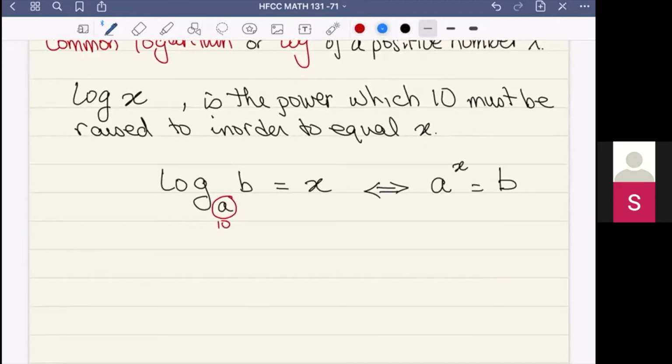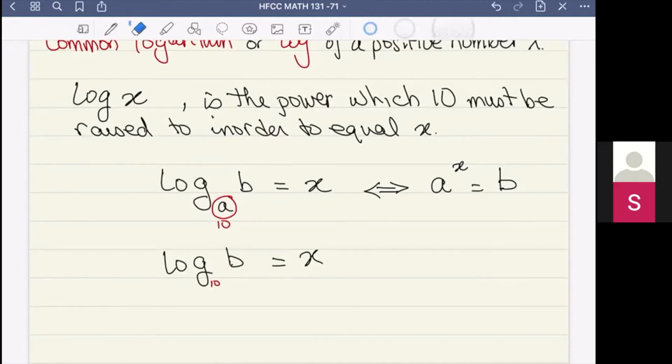Anytime you see log of x like this with no base, it means log base 10, there's the invisible 10 down here. So we're going to rewrite this as log B equals x. Remember, anytime you see that, there's the imaginary 10 down here, but we don't write it.